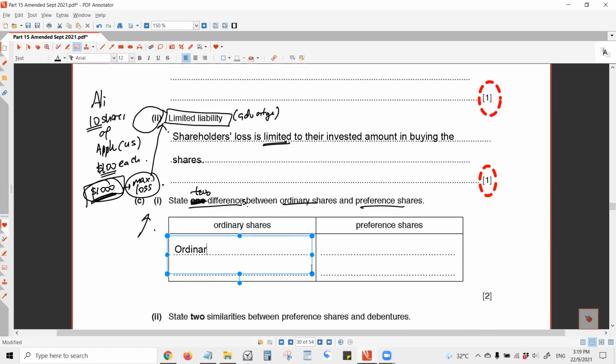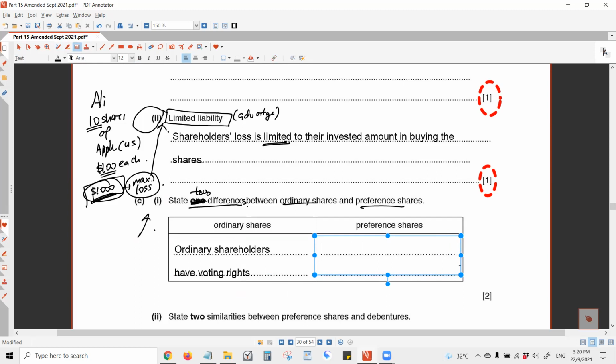Ordinary shareholders have voting rights. I know the question is asking about the shares, not the shareholders, but they are looking for the same answers as the difference between ordinary shareholders and preference shareholders. No worries, it's the same thing.